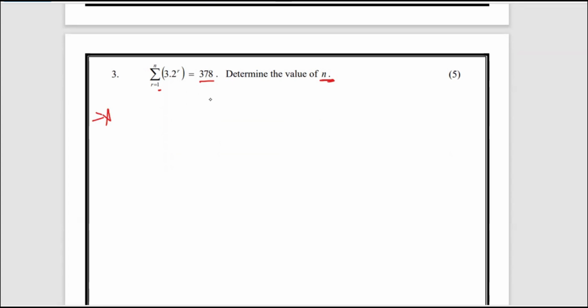So if R is 1, that's going to be 3 times 2, which is 6. Then if R is 2, that is 2 to the exponent of 2, which gives me 12, and so on and so forth. But we know that the general term will be given as A R to the N. We know that the A is 3, but in this case, we have the A as 6.